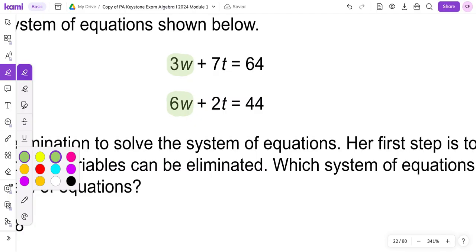We know that we can multiply 3 by 2 to get to 6. If we were to focus instead on the t's, 7 and 2, we can't really multiply 2 by anything nice to get to 7.